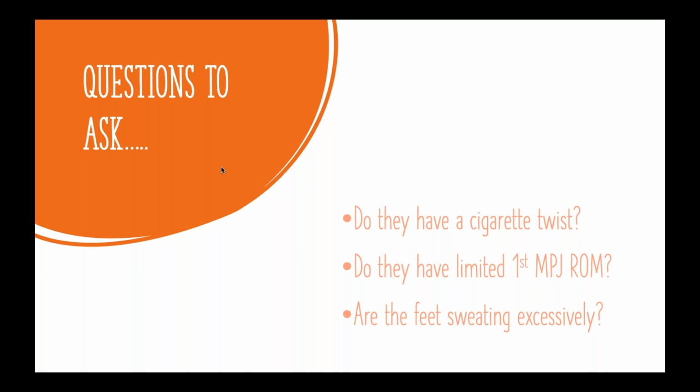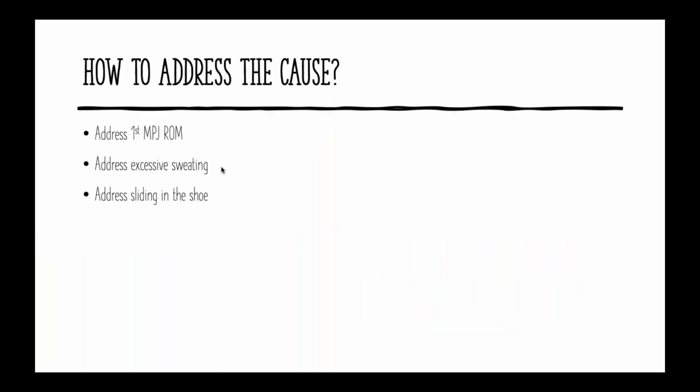And then they really could also have excessive sweating in the feet, which is making them a little bit predisposed. Just having sweaty feet and normal walking does not create blisters, so they still have to be doing some sort of extra movement or compensation when they are taking a step. So you do want to make sure that you are addressing that.